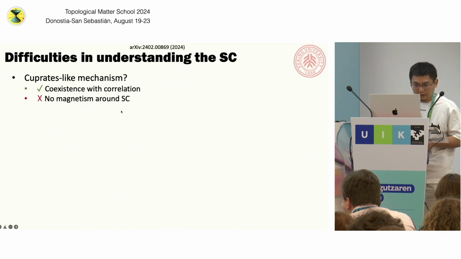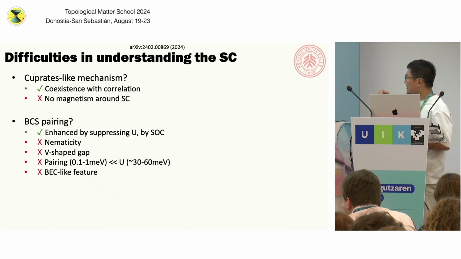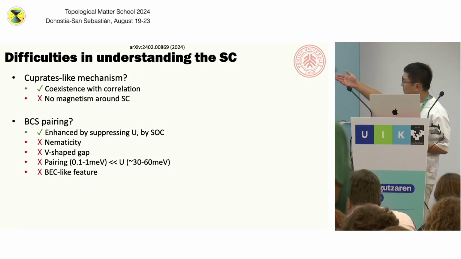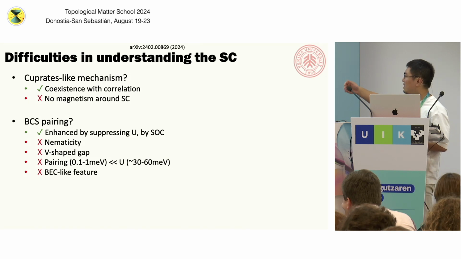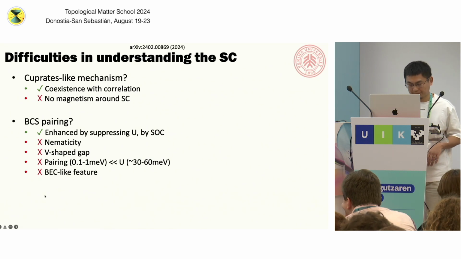One may also expect a BCS pairing, but BCS pairing is also in contradiction to many facts: BCS pairing cannot have a nematicity, it cannot exhibit a V-shaped gap, and it cannot explain the BEC-like feature.